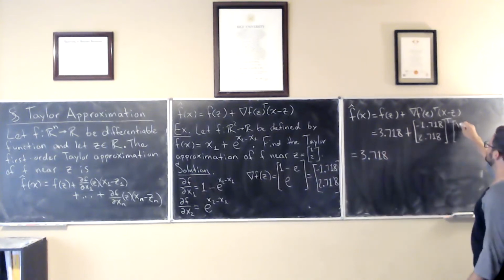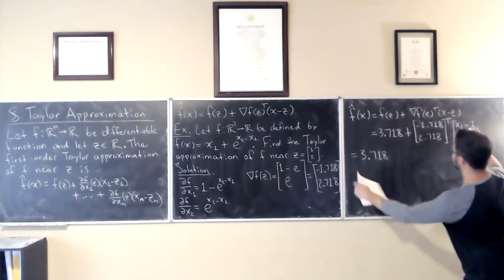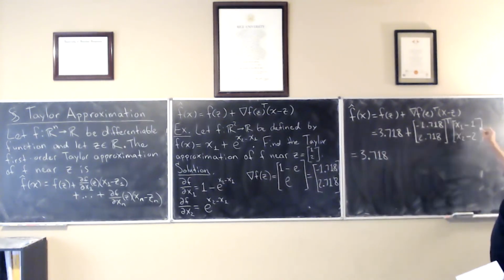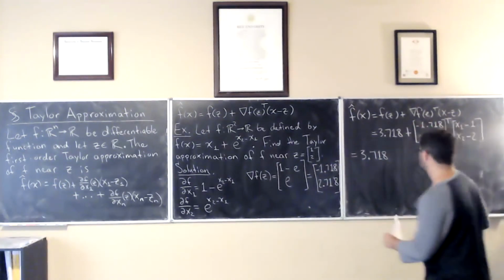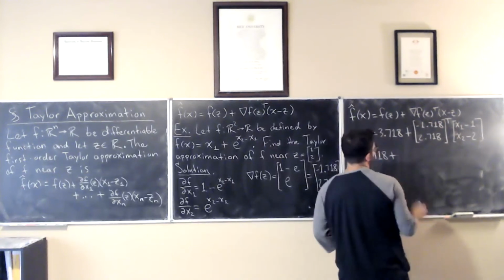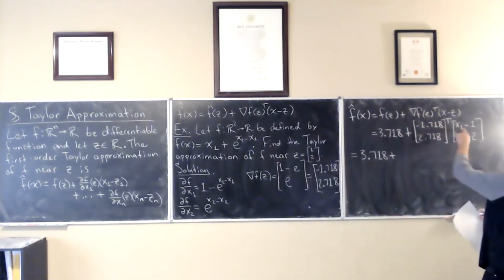So this is going to be x1 minus 1 and x2 minus 2. So this is x minus z, there's the gradient, and there's f of z. All right, so it's going to be that times that.